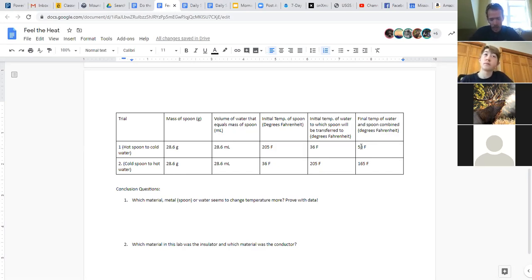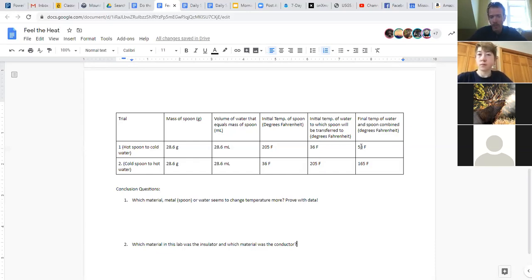In other words, one of these materials gives up energy or allows energy to flow through it really easily. It makes dramatic changes. One of these materials doesn't change much at all. Energy doesn't flow through it that dramatically or that easily. So I'm going to let you chew on that for a little bit.